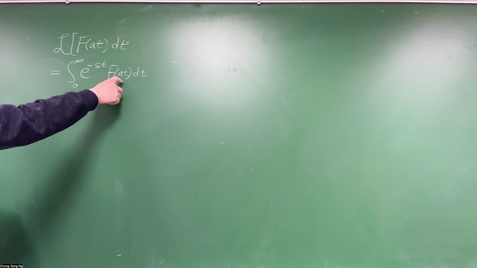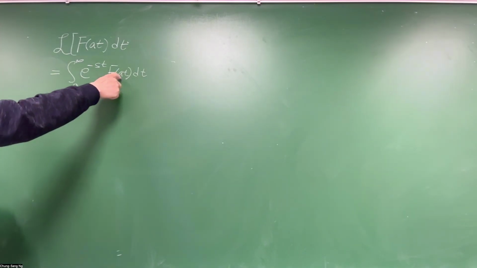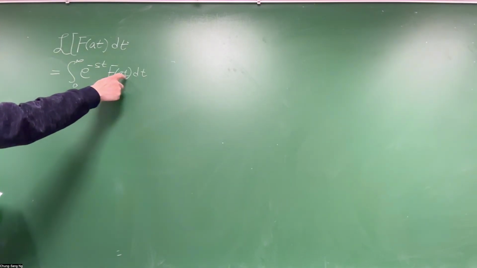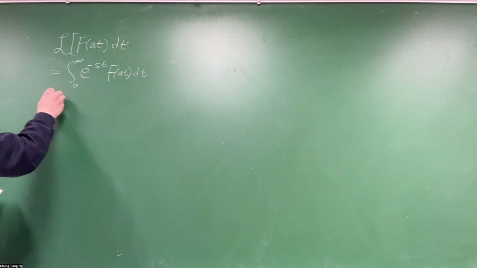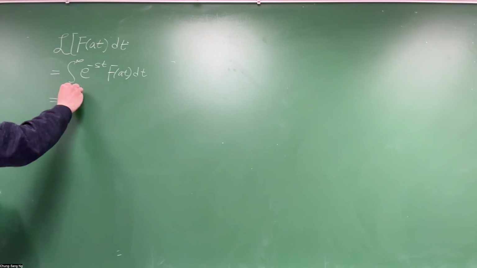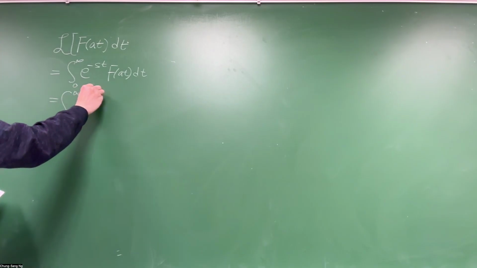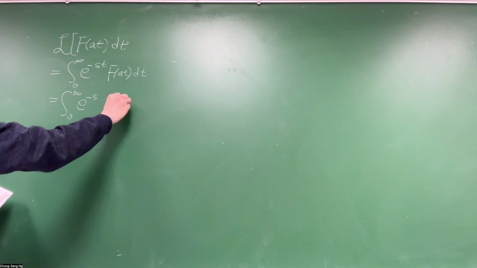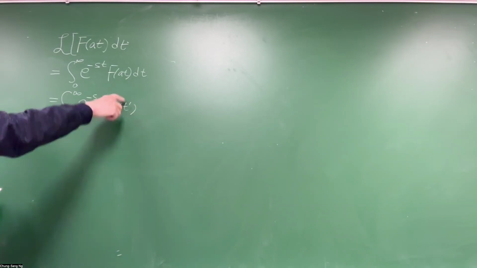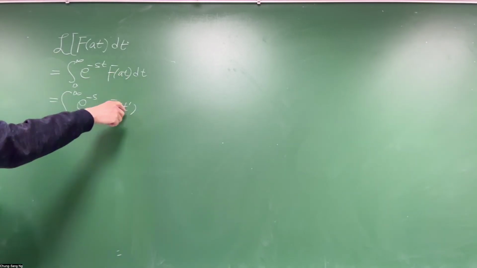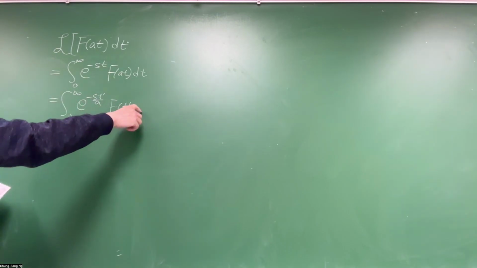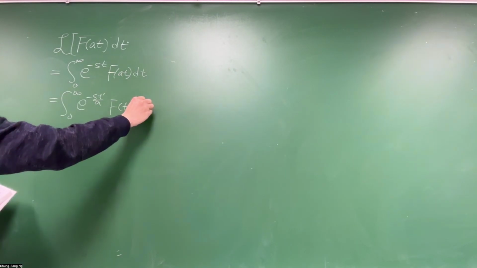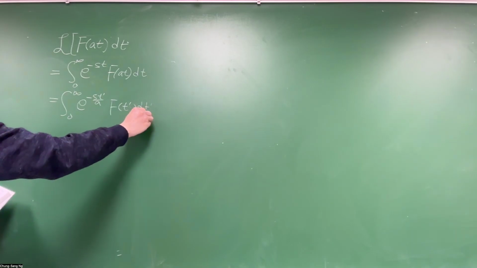We define a new variable, t prime, equal to a times t. So t is t prime over a, and dt is dt prime over a.